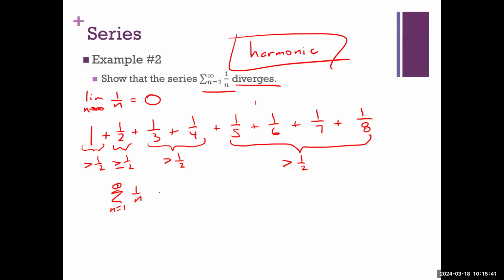Because of that, this series diverges, it goes to infinity. So even though the underlying sequence goes to 0, the overall series does not converge. It's a very specific series where this happens, but we'll make sure we're okay with that. Any questions on the harmonic series?